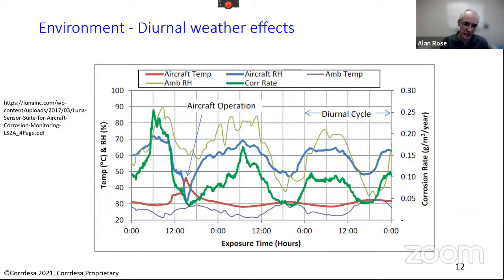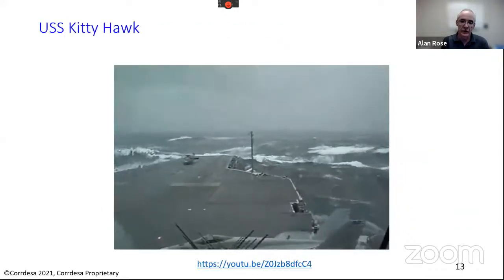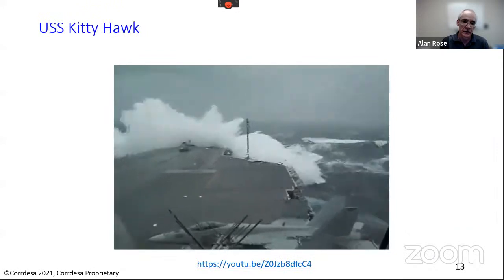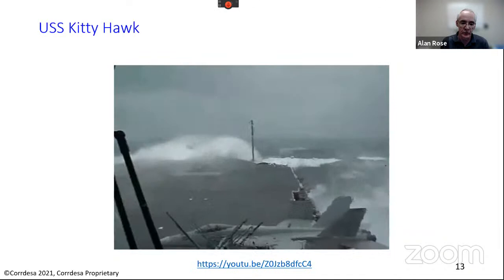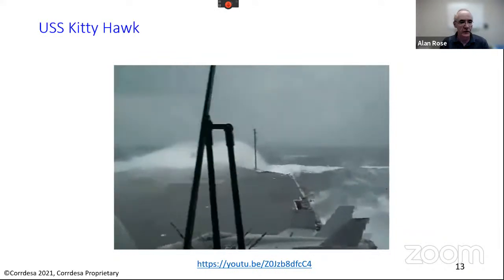A Boeing 737 also has a military version, the P-8 Poseidon, which is a sub-hunter that flies very low over the ocean, in a very salty environment. So even with the same plane, from one tail number to another, they can see different environments. And then there are sporadic environments as well, very harsh, where you literally get thousands of tons of salt water dumped on your planes in storms, here on the Kitty Hawk, for example.